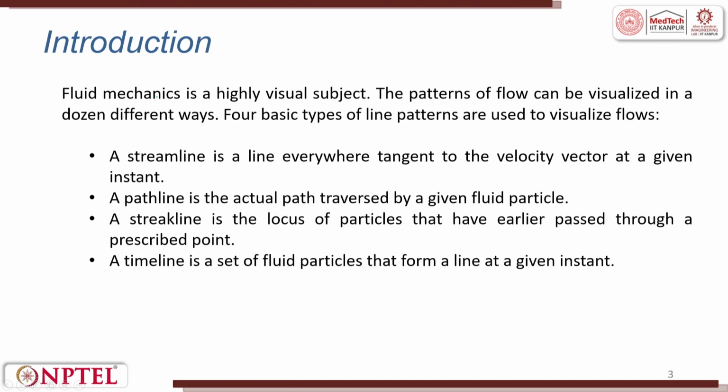Fluid mechanics is a highly visual subject. The pattern of flow can be visualized in a dozen different ways. There are many ways, but you have to represent a standard so that everybody can understand it. So, 4 basic types of line patterns are used for visualizing the flow, because the flow can happen like this, or like this, or it can go like this and come and then go like this.